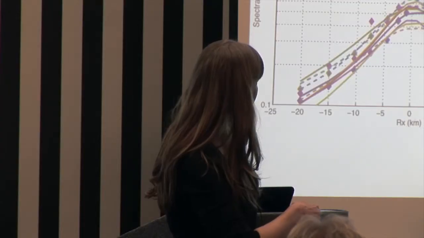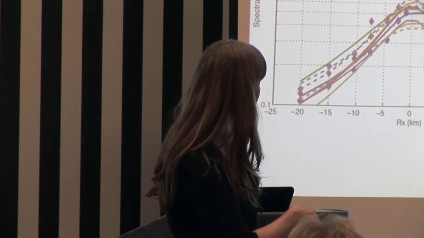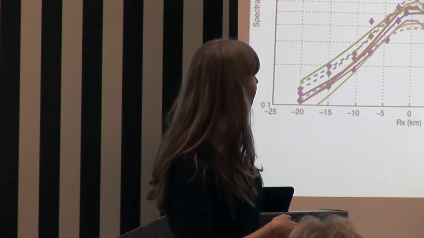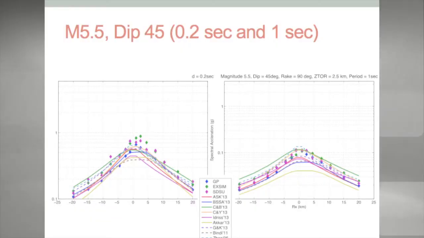As you're switching over, you see that we're missing most everything in this area, but we are following the Graves and Petrarca model pretty well because this is at magnitude 5.5. Some of the modelers stopped at 6, some of them went down to 5.5. So you can see what the simulations are coming up with at magnitude 5.5. It's at 1 second over here on the left. Atkinson is pretty low for the most part.